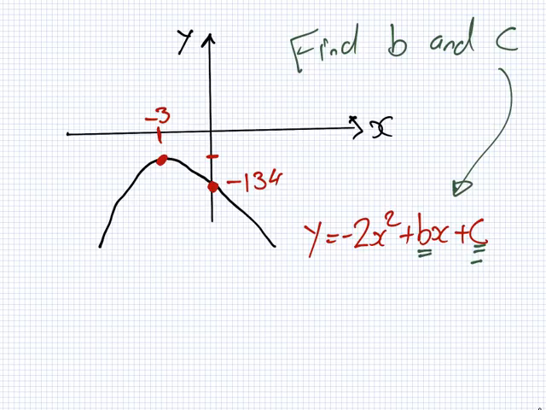What do you think B is? All right, let's have a look. Because if you put the minus 3 in this y, then y equals just b, so b is the answer. Because x equals minus 3 and y equals 0.